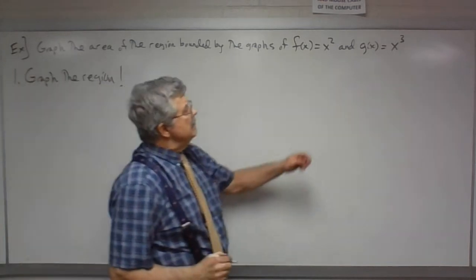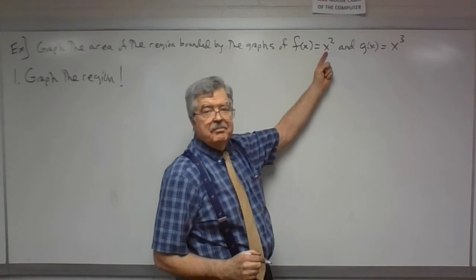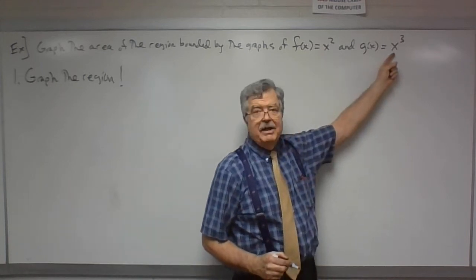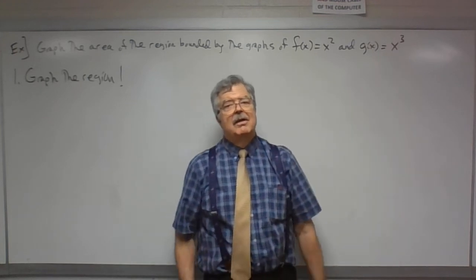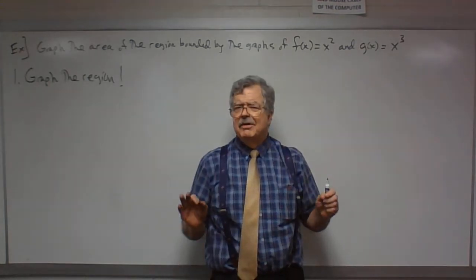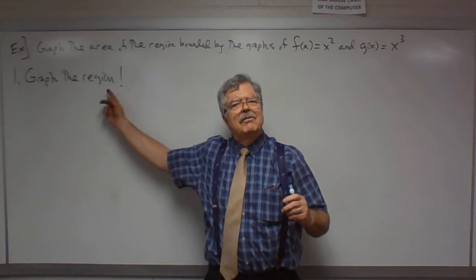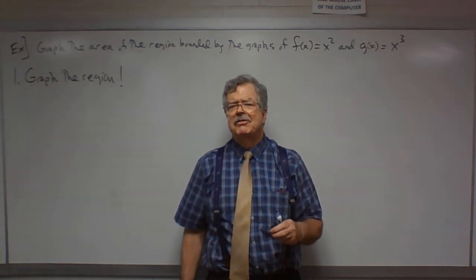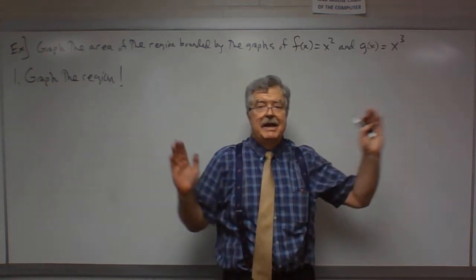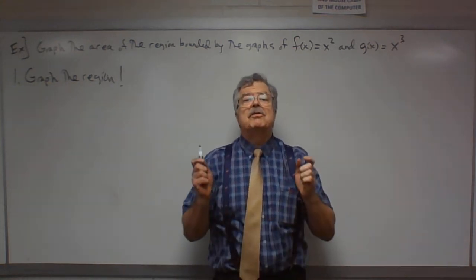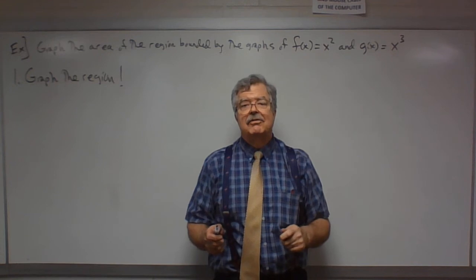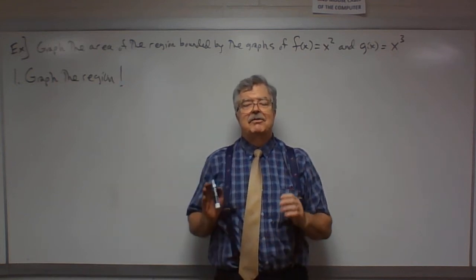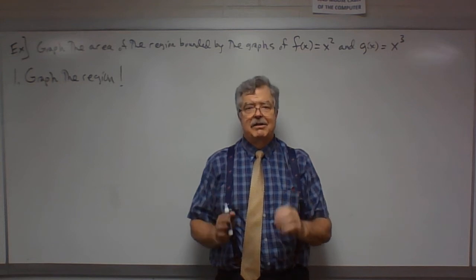And again, our functions are x raised to a power, and they don't give us "find the area of the region bounded by the graphs of f of x and g of x between x equal this and x equal that." So the presumption is that the graphs by their intersection determine or define completely the bounded region.